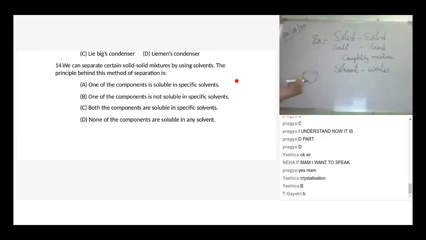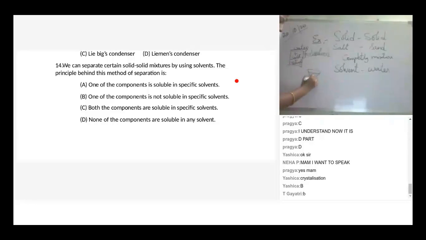So when I take the china dish or the beaker, are you all observing? I'll add salt and sand in it, and water. So what happened? Within the water, the salt is completely dissolved, so the sand will settle down.